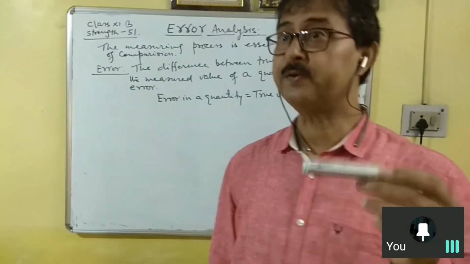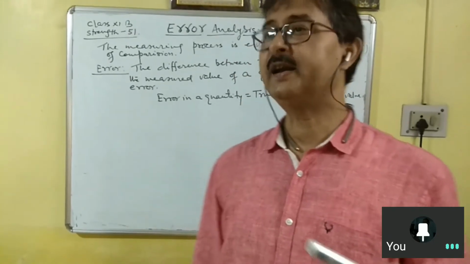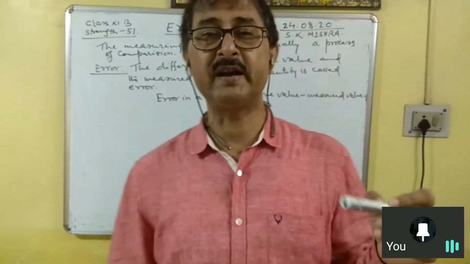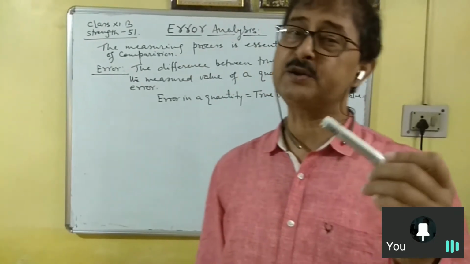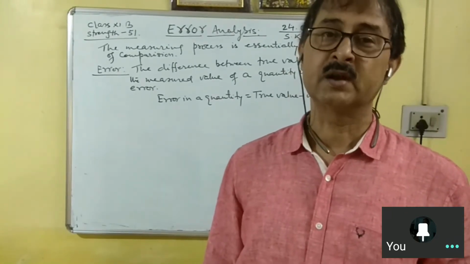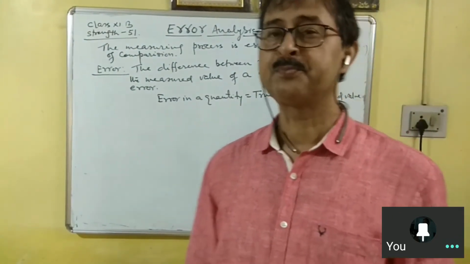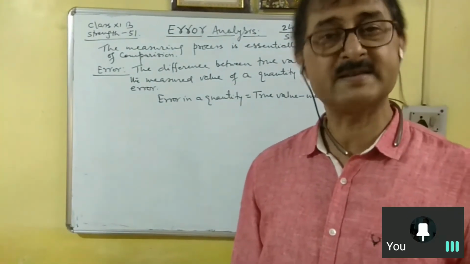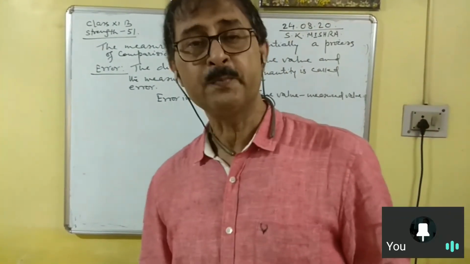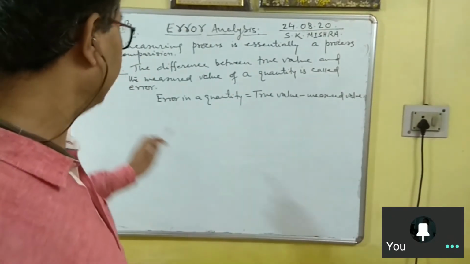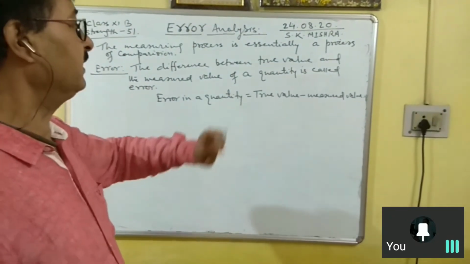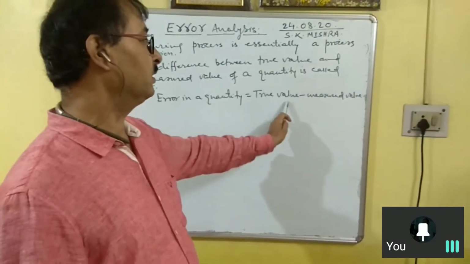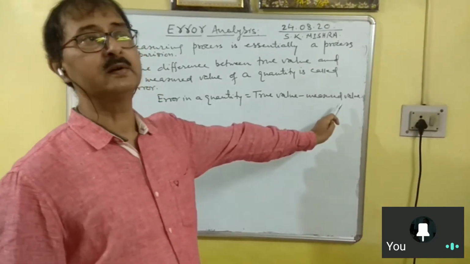If the true value is 10 centimeter and your measurement comes to be 9.8 centimeter, it means 0.2 centimeter is the error. So it is nothing but the difference between true value and the measured value. Am I clear to you? So what is error? Error in a quantity is nothing but true value minus measured value.